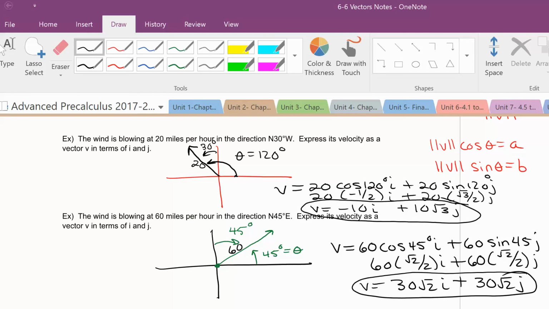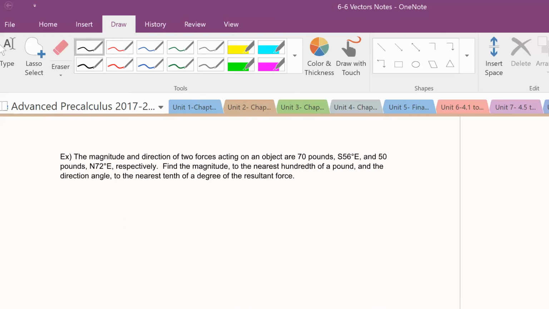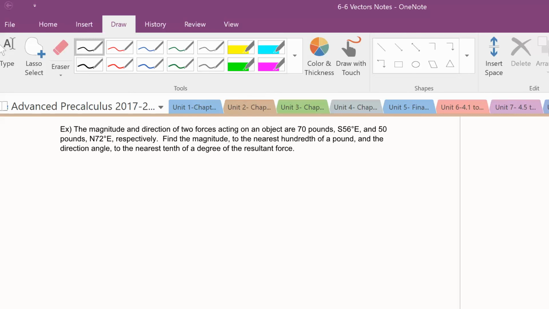All right. So then, using this to find the force. Here the magnitude and direction of two forces acting on an object are 70 pounds and south 56 degrees east.